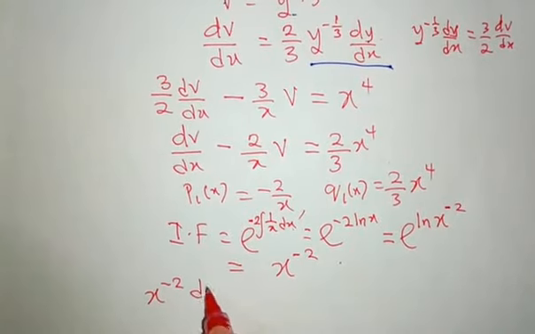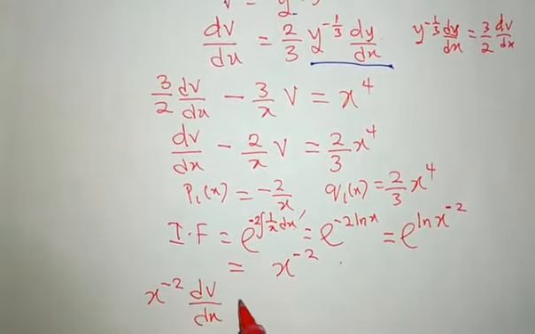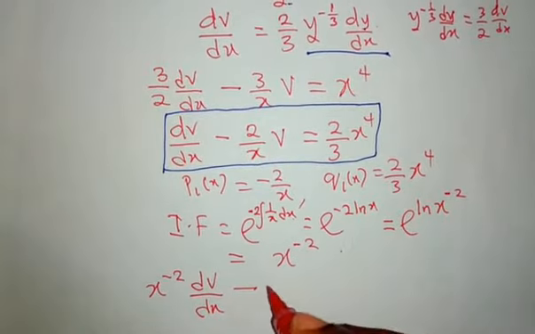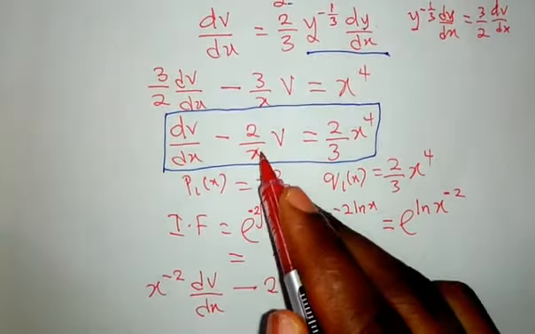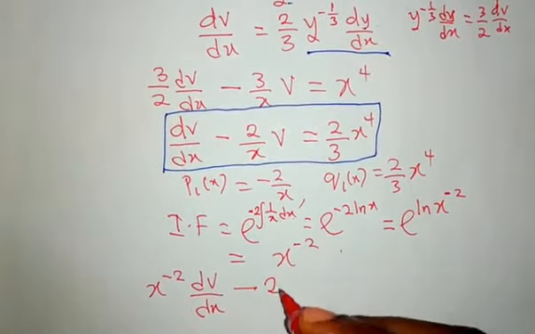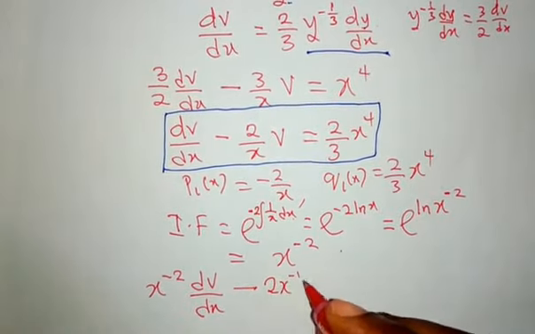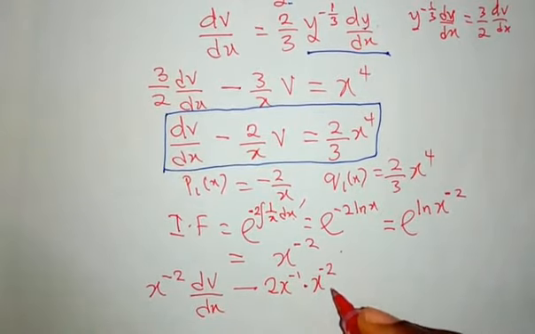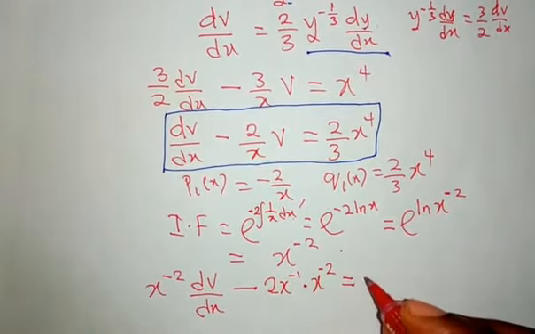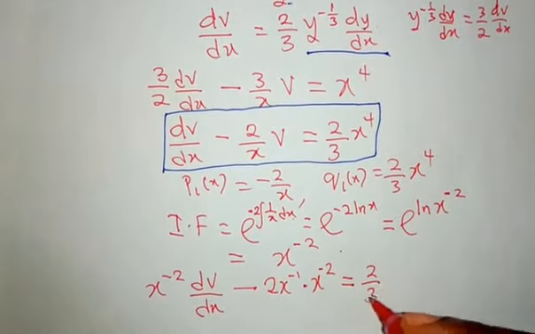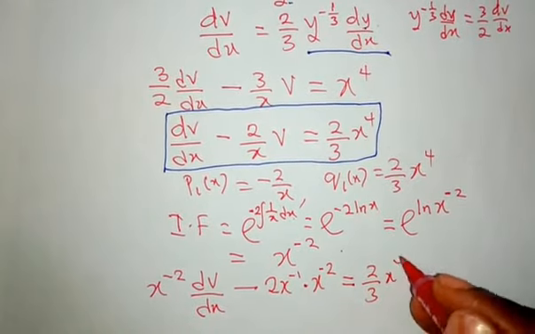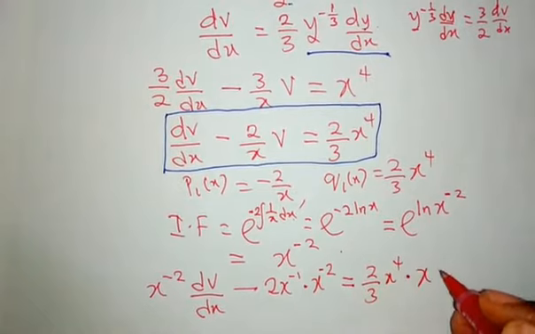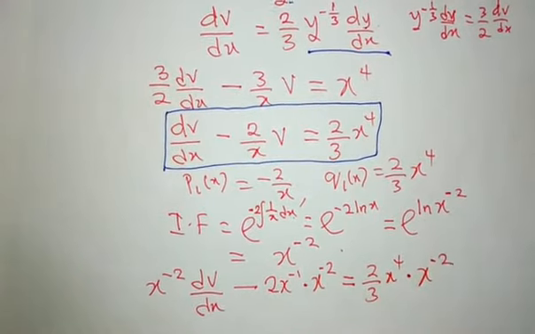x to the power of minus 2 dv dx minus 2 over x v, times the integrating factor x to the power of minus 2 here, equals 2 over 3 x to the power of 4 times the integrating factor x to the power of minus 2.